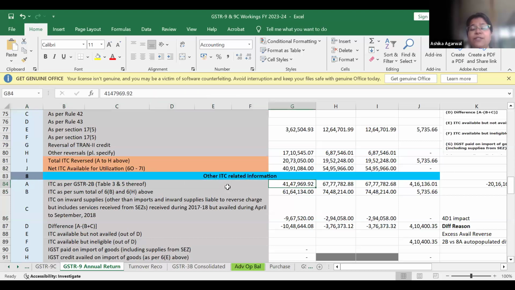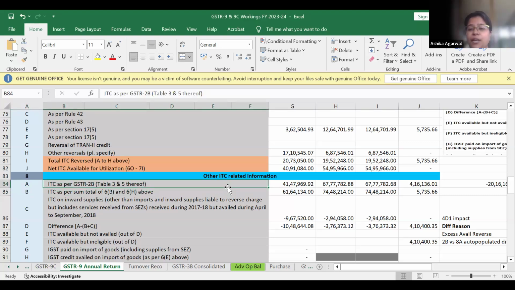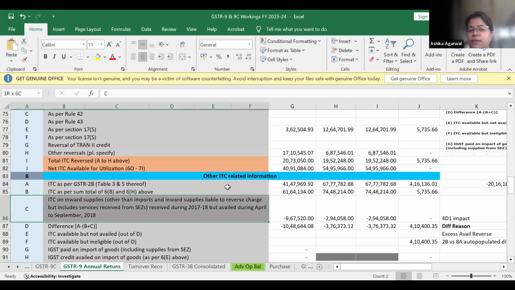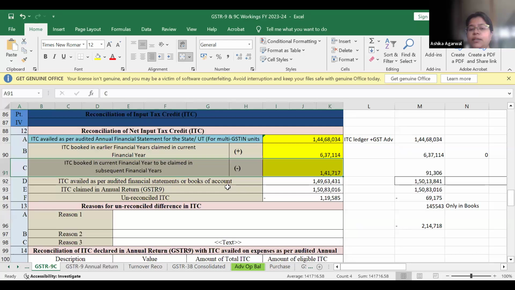So for all the ITC, a person following 2B format for the purpose of filing 3B, 8C cannot arise, because ITC which is appearing in 24-25, at the time of 24-25 GSTR-9 filing, will be forming part of my 2B, not forming part over here. So don't try to match 8C with table 12C.